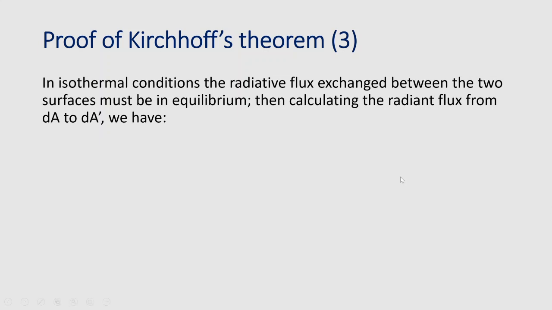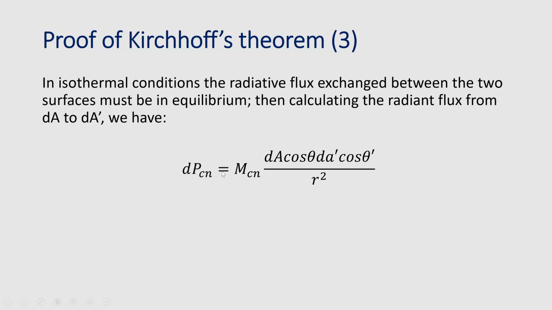So if we calculate, for example, the radiant flux that is emitted by dA, the black body, to the gray body dA1, we have this quantity, dP Cn, where Cn is, in Italian, corpo nero, the black body. Of course, being an infinitesimal surface, the radiance that is emitted is also very small.